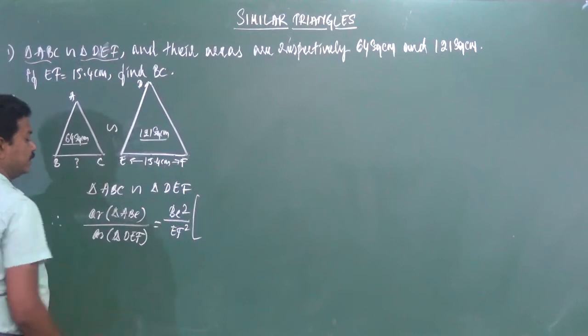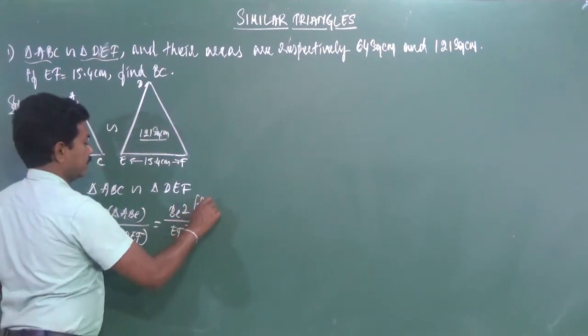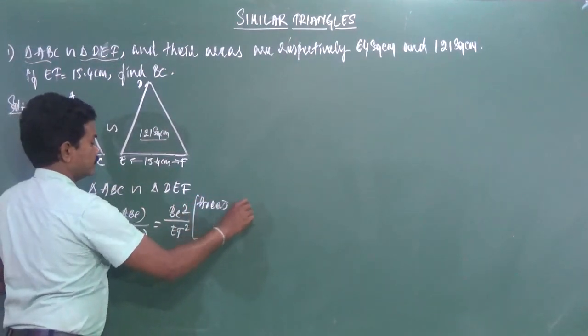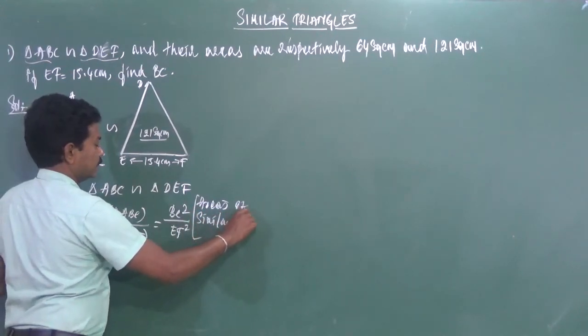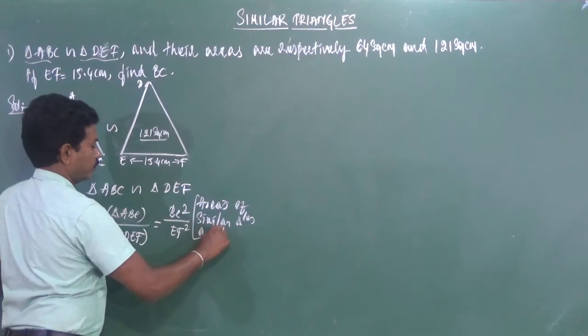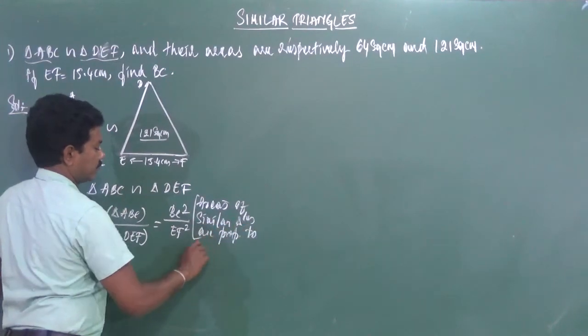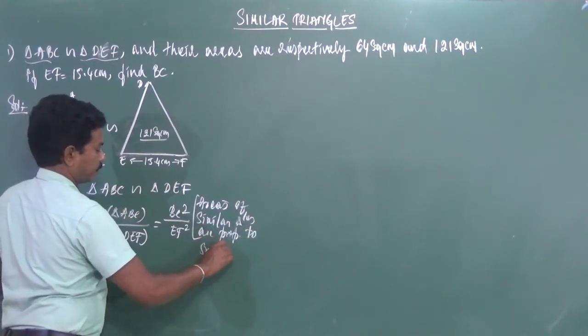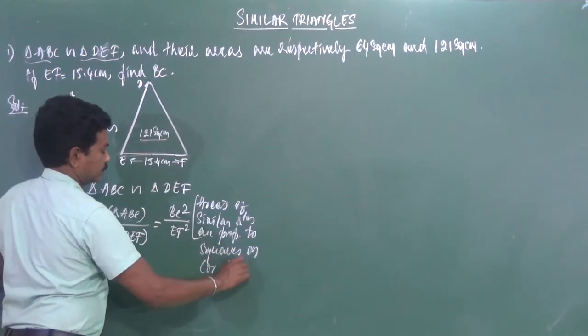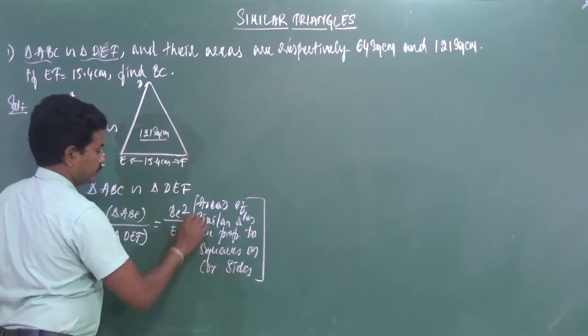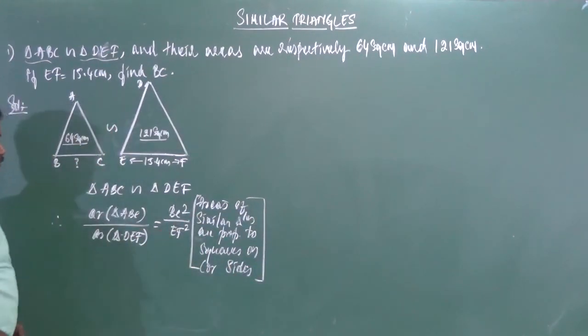You have to write a reason here. The reason is: areas of similar triangles are proportional to squares on corresponding sides. This is the reason you have to write whenever you use this theorem.